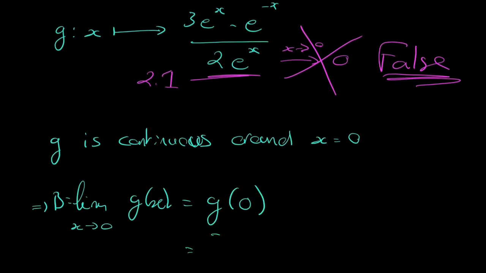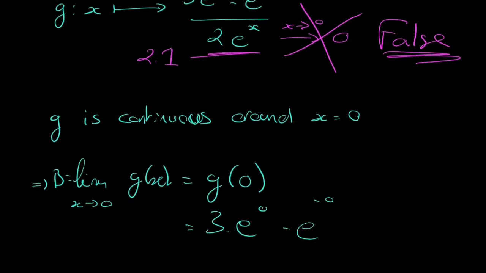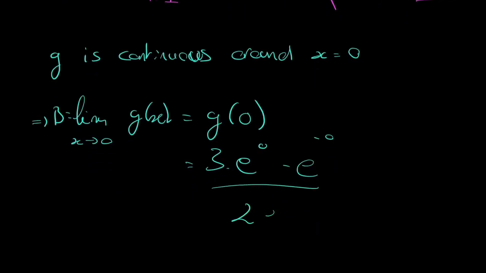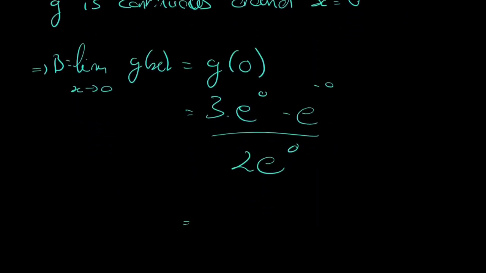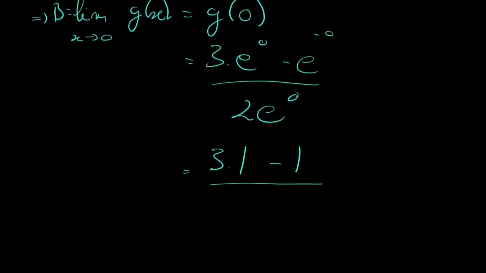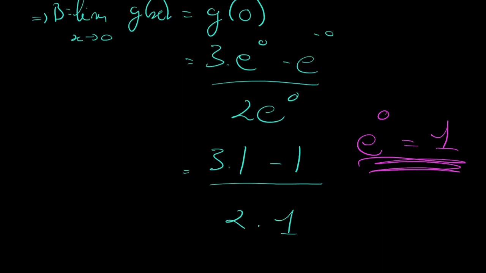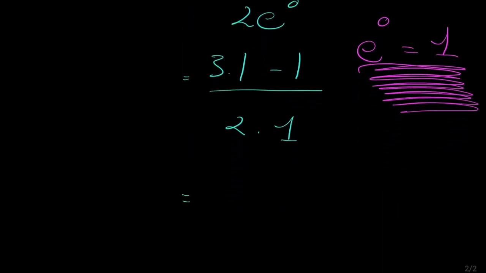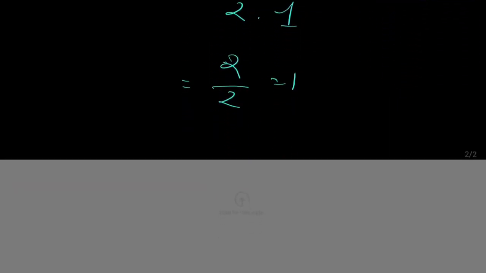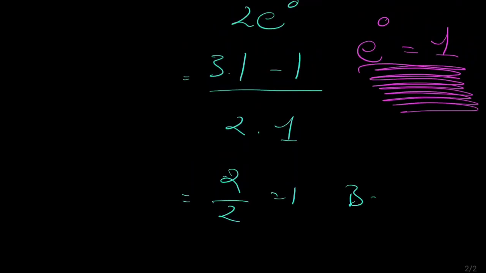And this thing is equal to 3 times exponential of 0 minus exponential of -0 over 2 exponential of 0. And this is going to be equal to 2 times 1 minus 1 over 2 times 1, because exponential of 0 is equal to 1. This is very, very important that you remember that. This is equal to 2 over 2, and this is equal to 1. In conclusion, we've got b is equal to 1.